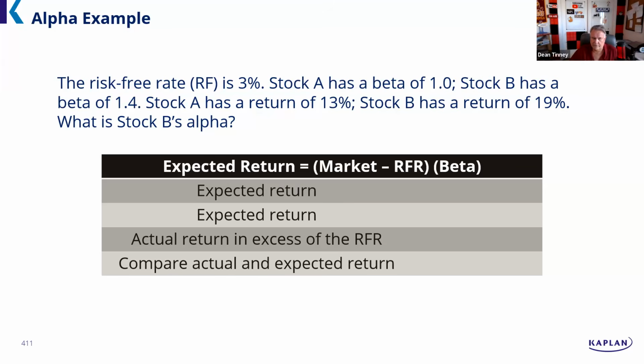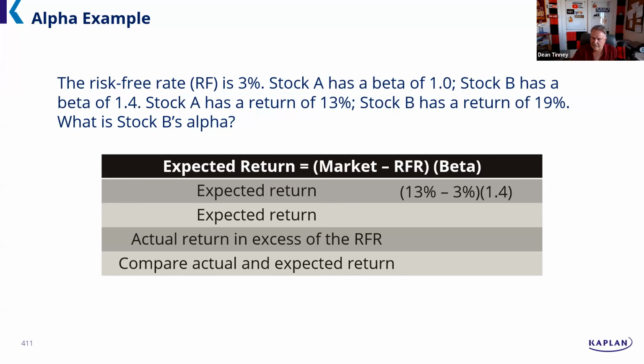Okay, so here, as you can see, in terms of the formula, we're going to take the market return, which was 13%. We're going to minus the risk-free rate of return, because remember, that's what we could have got without risking our capital. So of that 13%, we could have got 3 of that without doing anything. So that's really 10. And then we're going to multiply by the beta. So here's our expected return.